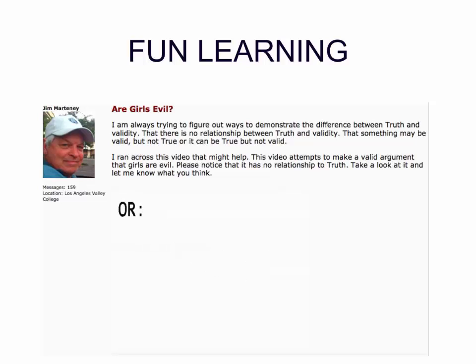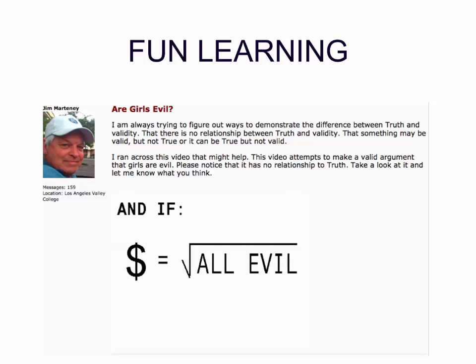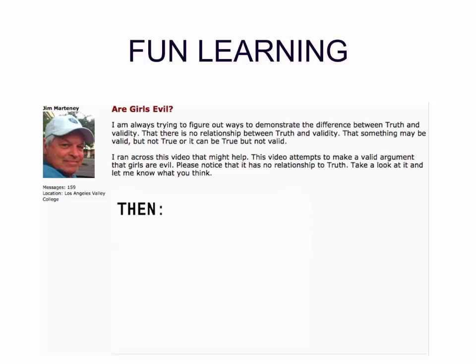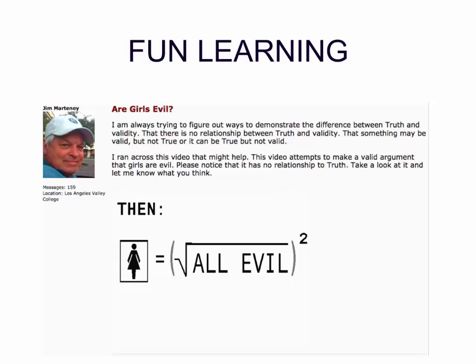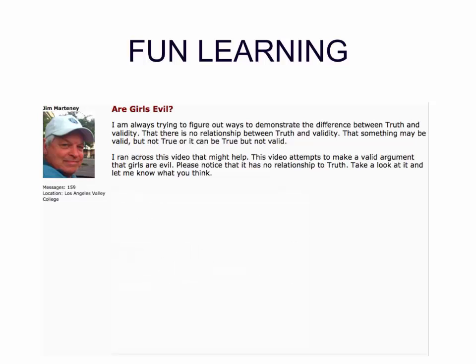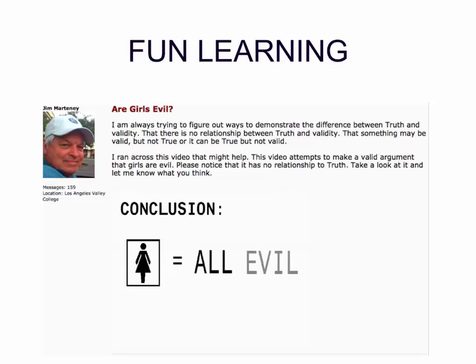Or, more simply, girls equal money squared. Now, if money is the root of all evil, then girls equal the root of all evil squared. And finally, if we simplify this equation, we are forced to conclude that girls are the collective sum of all evil.